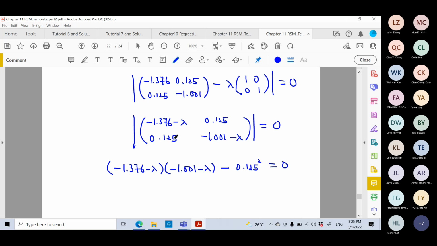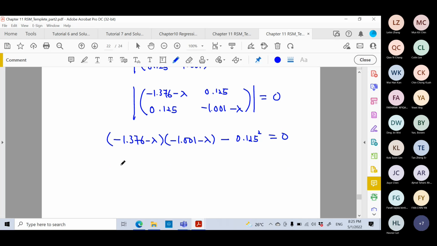The cross product, if the determinant is equal to 0, is just a quadratic equation. So if you expand the square, you solve the quadratic equation.